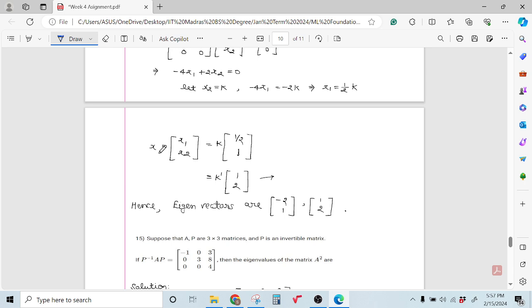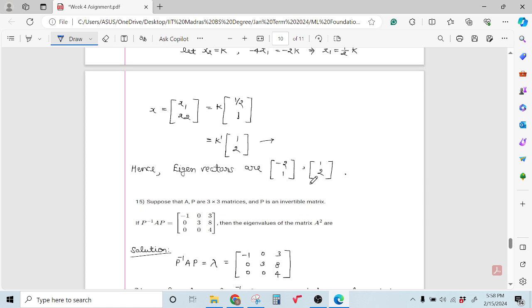We write this eigenvector as [x1; x2], and by taking k/2 common we get k/2 times [1; 2]. Multiplying by scalar 2, we got a new constant k dash, and the corresponding eigenvector will be [1; 2]. So hence the eigenvectors are minus 2, 1 and 1, 2. This is the final answer.